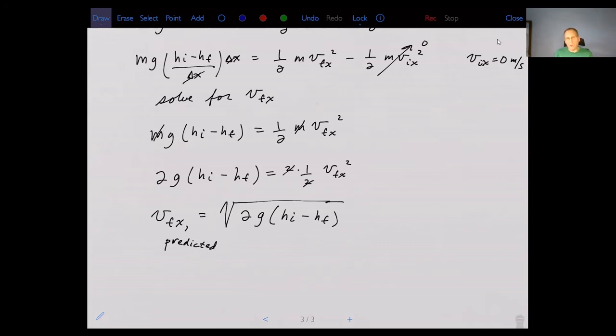Right, so really the goal of this first part of the lab is to compare the predicted final velocity with an experimental final velocity. So this is the predicted one, again, predicted from the work energy theorem. Okay, what's the other way that we can find the final velocity? And again, it'll be sort of our experimental one, the second way.